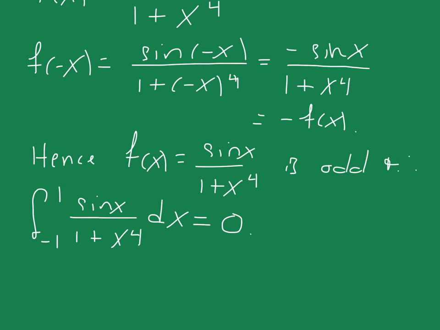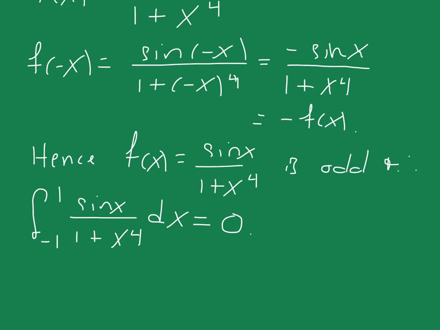And this is especially important if you have no way at all of finding an antiderivative of your function. So if you can't find an antiderivative of the function that you're integrating, and it just so happens that the lower limit of integration is the negative of the upper limit of integration, if you can show that the function you're integrating is odd, then its integral is going to equal 0.